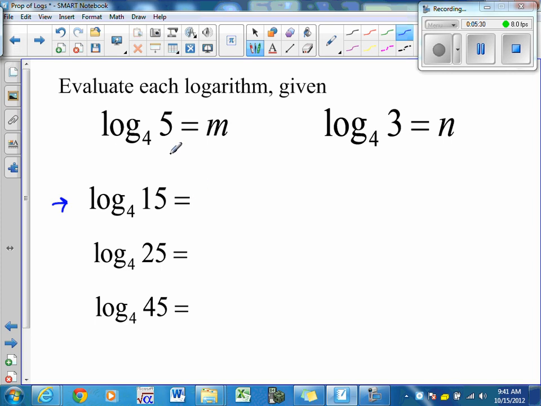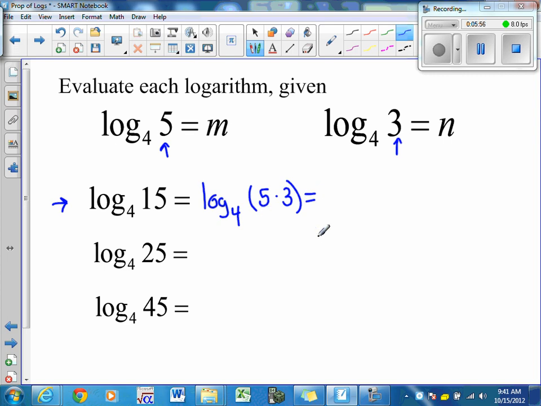So what I want to do is think, is there a way to use these top two logarithms to find log base 4 of 15? And when you do all these problems, you want to think, how can I use 5 and 3 to get 15? Well, isn't 15 5 times 3?